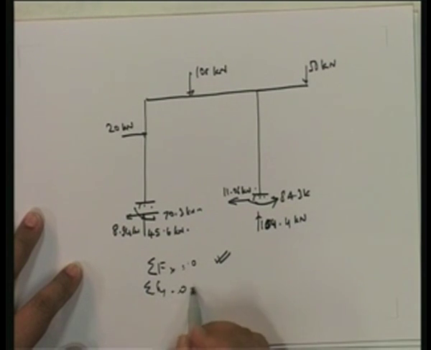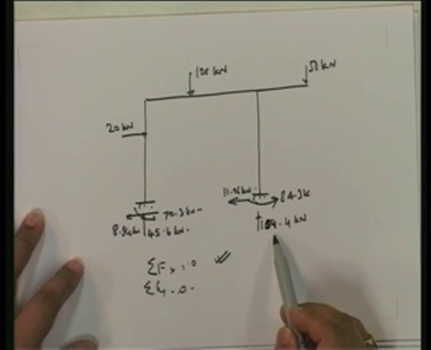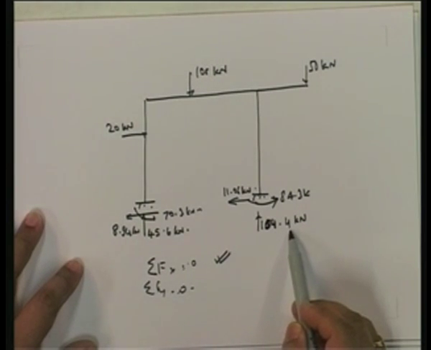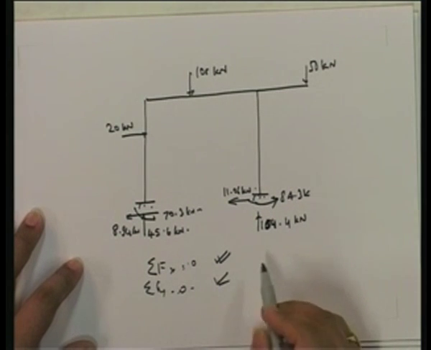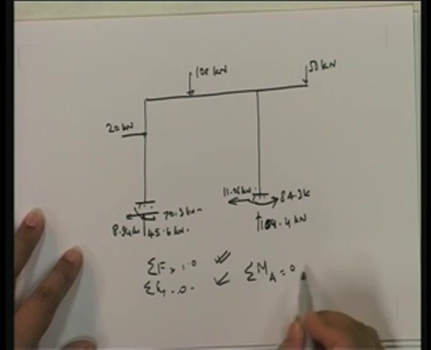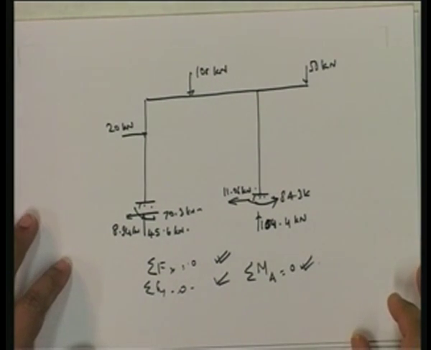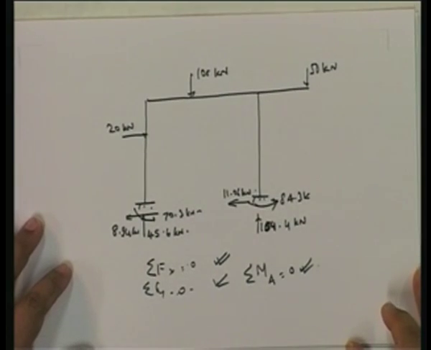Sigma Fy equal to 0, 45.6 plus 104.4 is going to be 150, minus 100 minus 50, 0, check. And moment, take moment about A, and you will see that you will get it equal to 0, check.